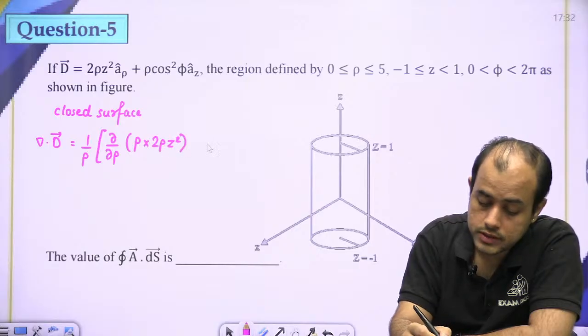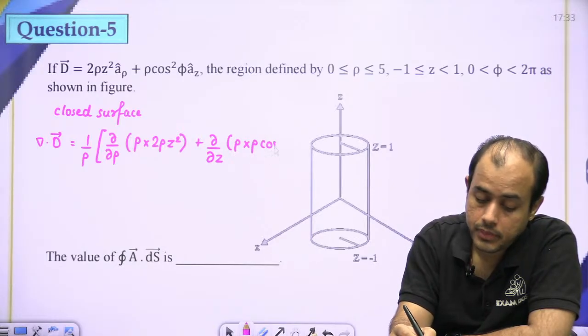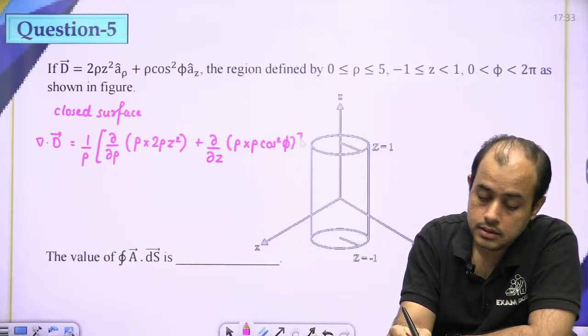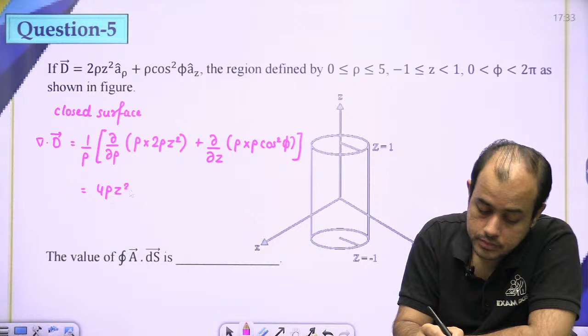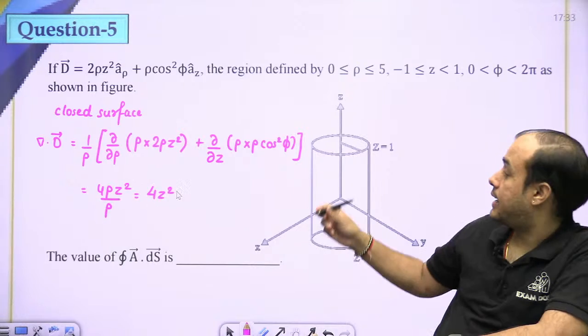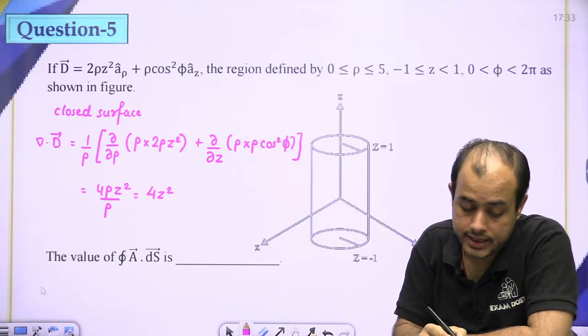Go into 2 rho z square. Now 2 rho square is 4 rho. For the second term, the derivative will be 0 because there is no term containing z.